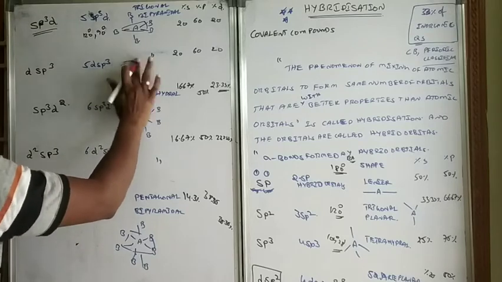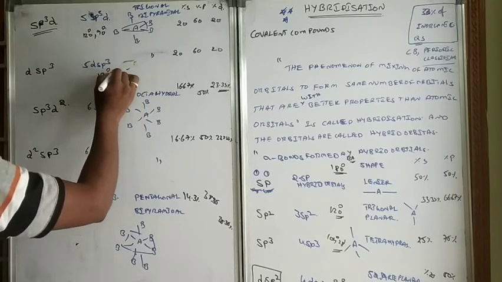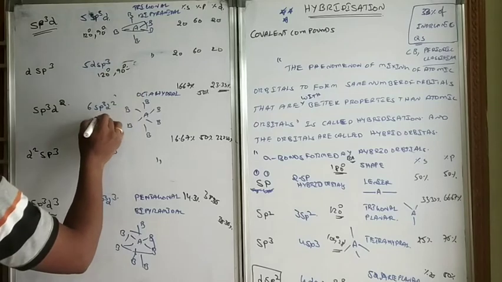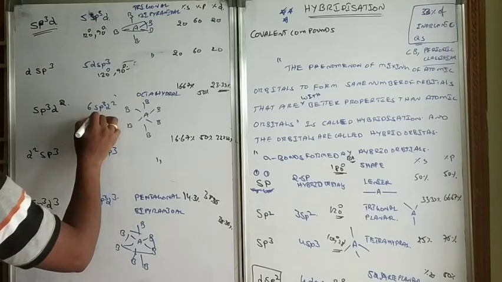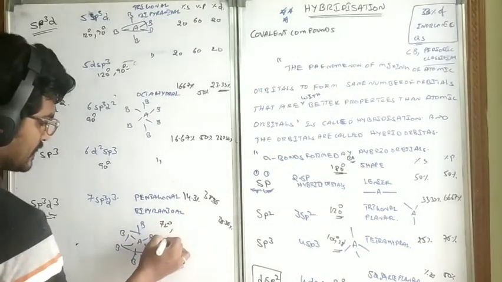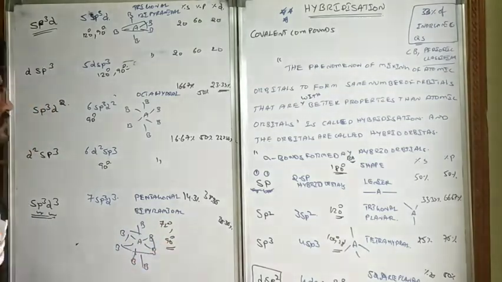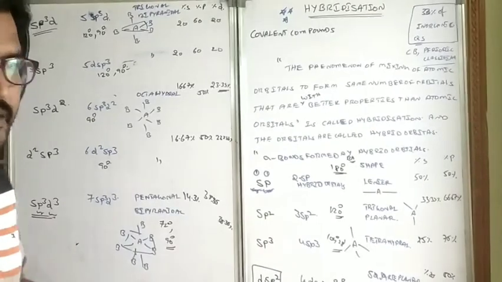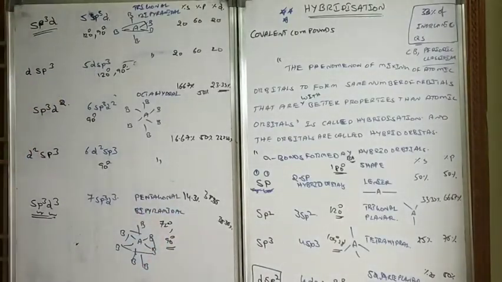For octahedral, 90 degrees. And in pentagonal bipyramidal, 72 degrees and then 90 degrees will be coming. So like this we can have a number of examples for hybridization.